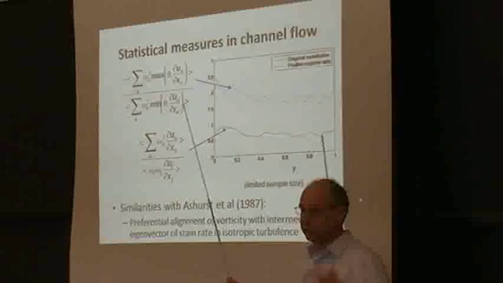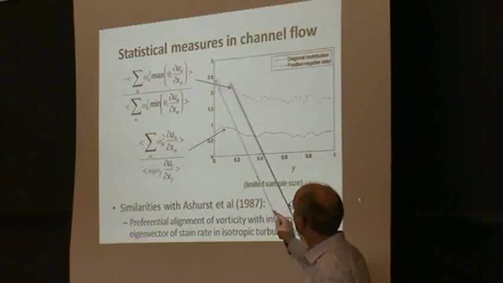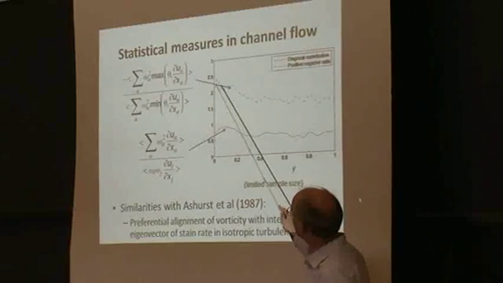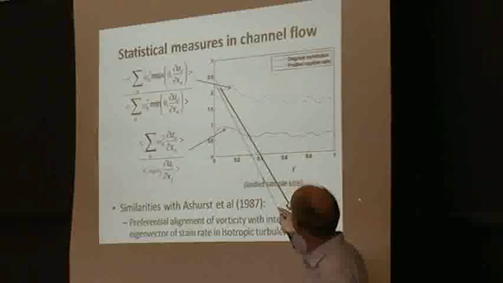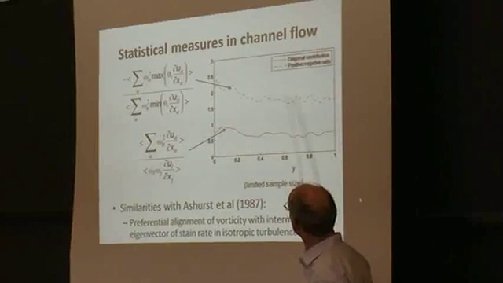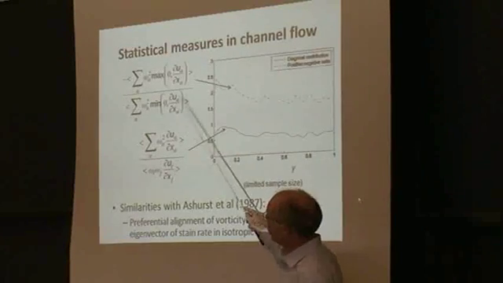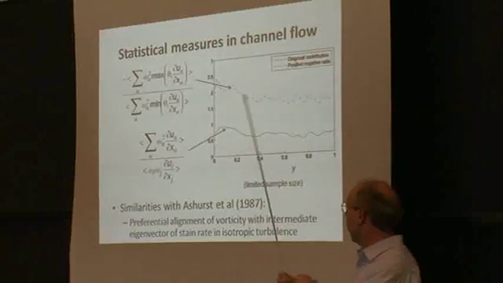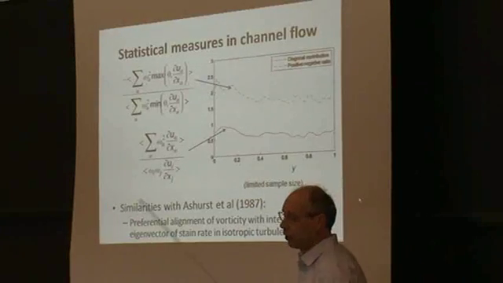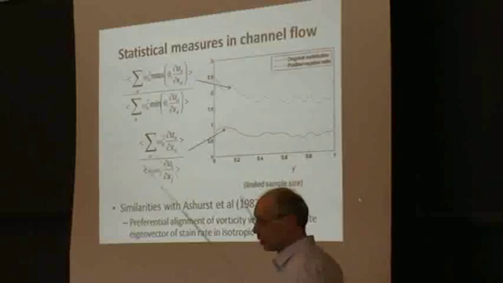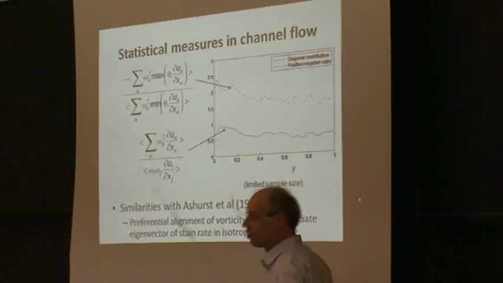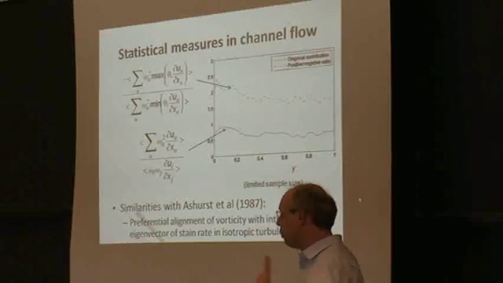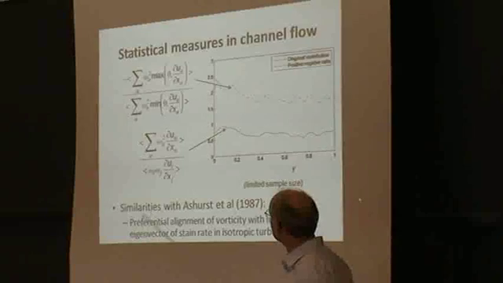If they were equal, you would get 1 coming out of the ratio. In fact, the ratio is 2 to 2.5 in the very near wall region, dropping to 1.5 in the centre of the channel. So that's indicating that the positive strain regions are more significant than the negative regions, supporting the fact that we do have a growth of vorticity in those parts of the flow.